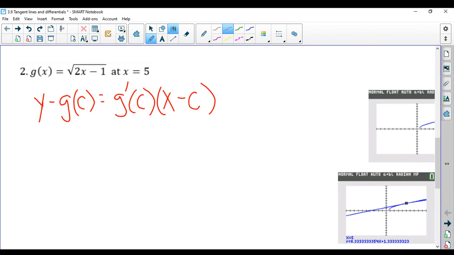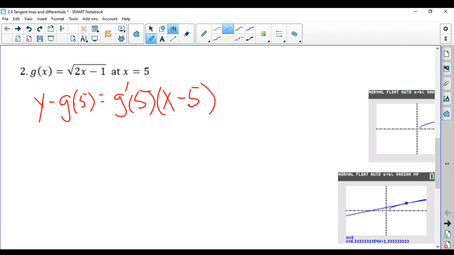You can see here c is 5, so I'm going to change these to 5s. All the c's are now 5. And then we're ready to begin.